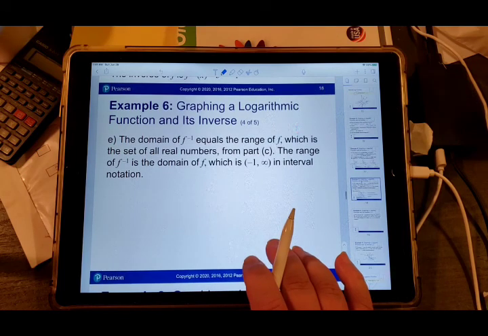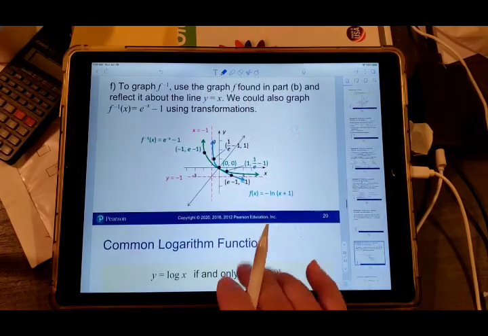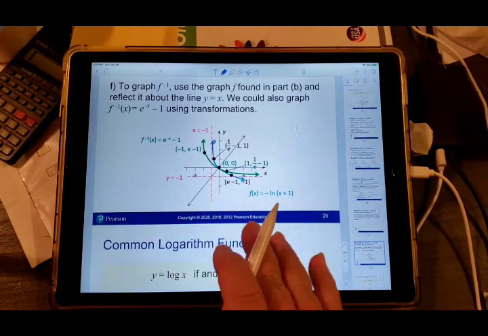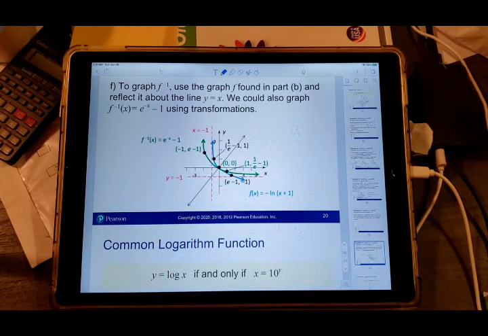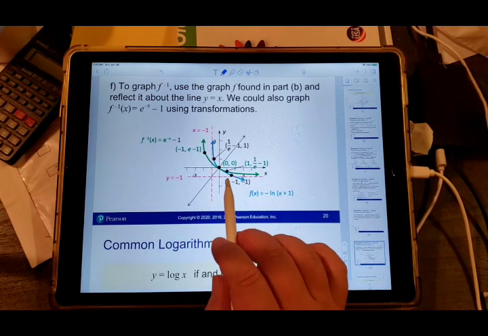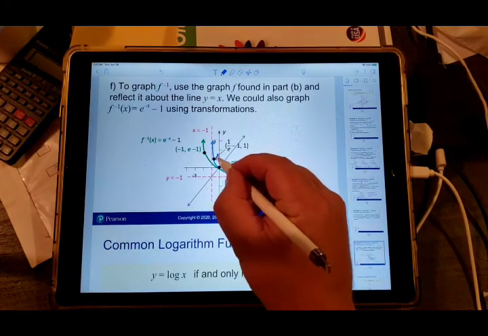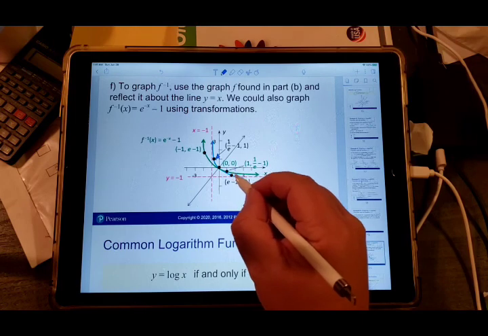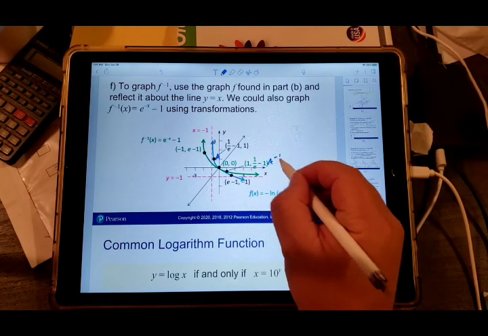Graphing a function and its inverse. All right, so that's basically what they did here. If you graph a function and its inverse, pretty noisy little function here, but basically if you took any one of these points, A, there'd be an inverse point on the green graph, A inverse.